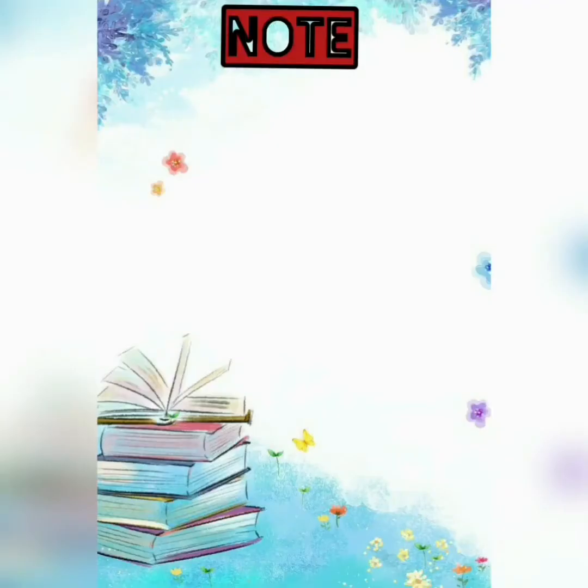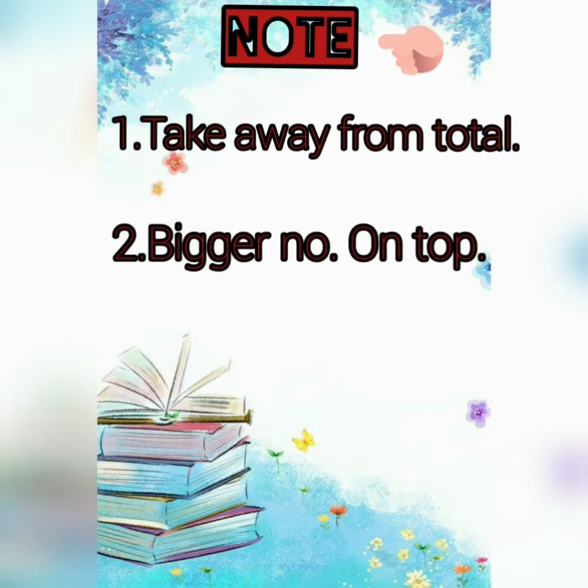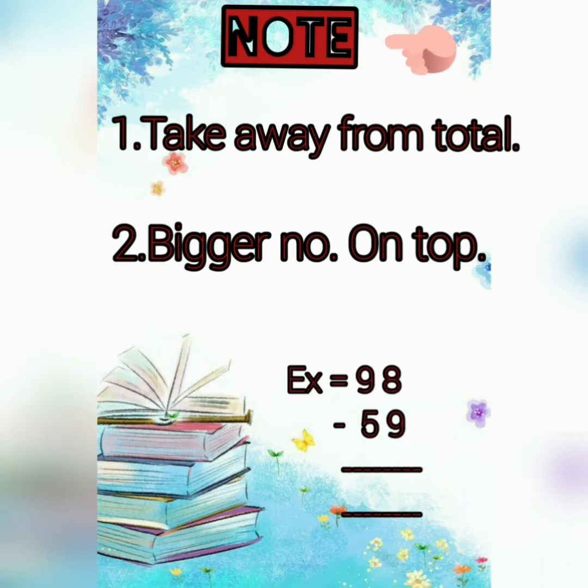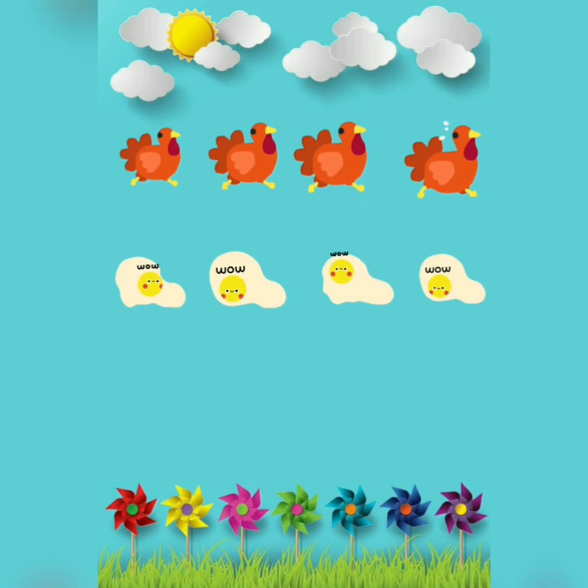The important points of subtraction are that we have to take away numbers from the total, and the bigger number is always written on top and the smaller number is subtracted from the bigger number. As an example, let's take a hen with its 4 eggs. In total, how many eggs do we have? We have 4 eggs.